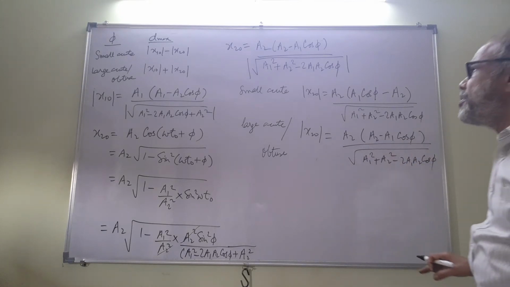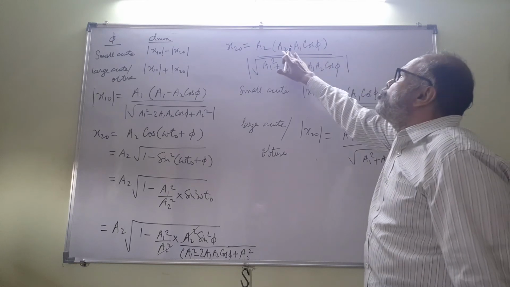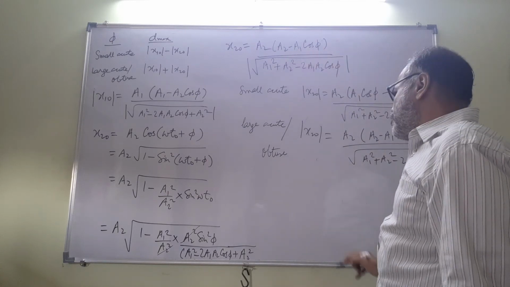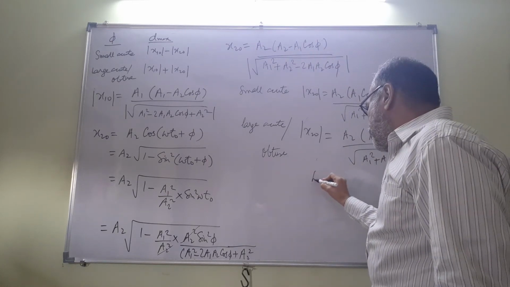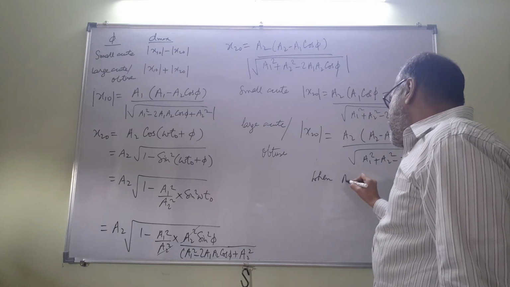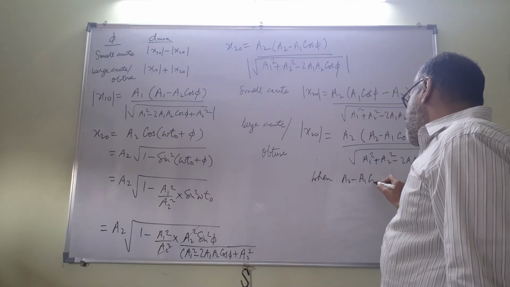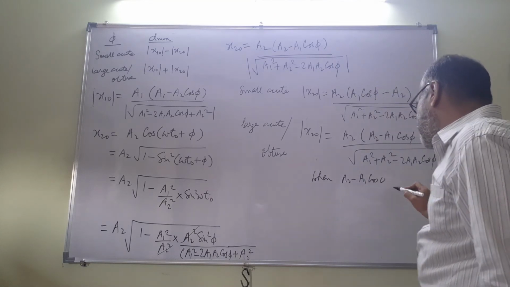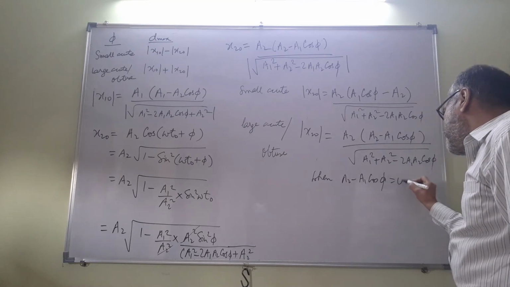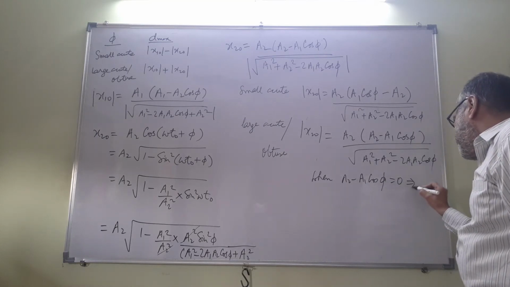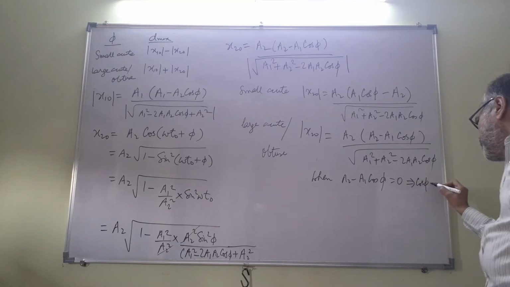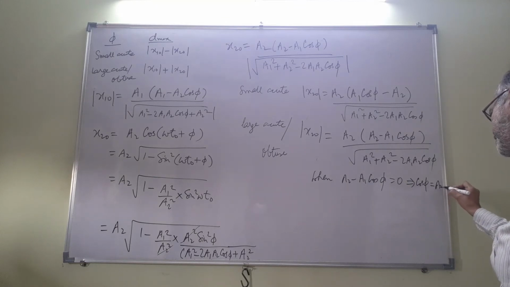There is also a special case where a2 minus a1 cos phi is equal to 0. Then cos phi is equal to a2 by a1.